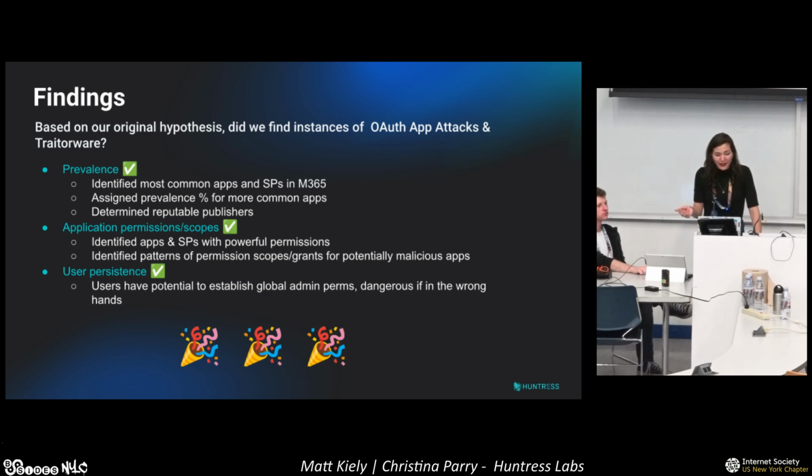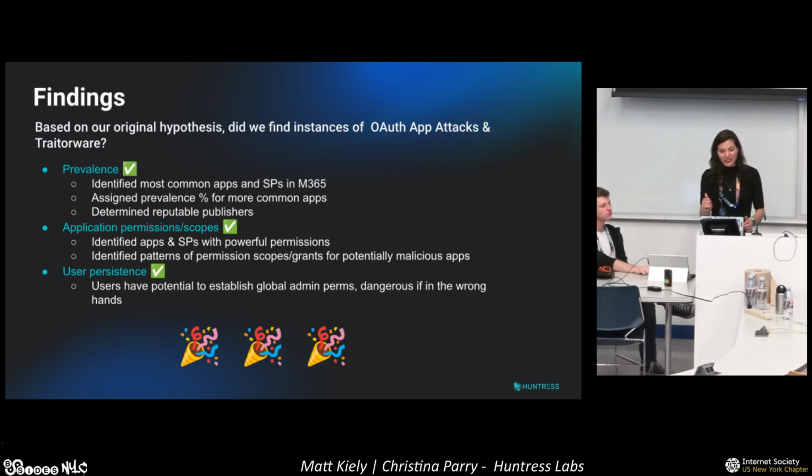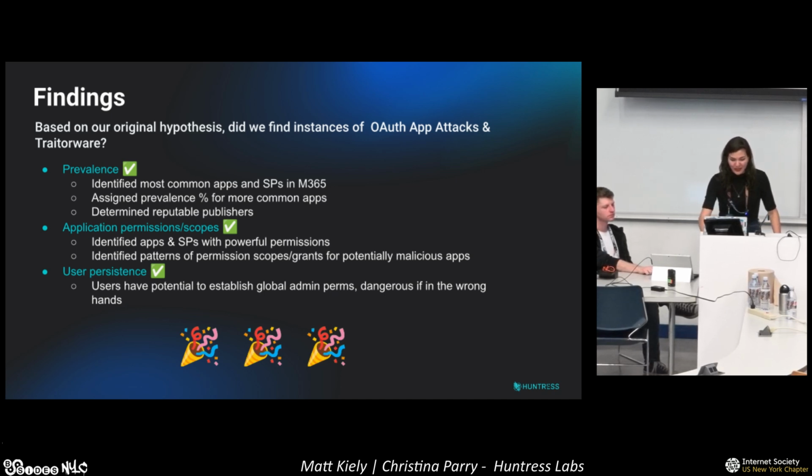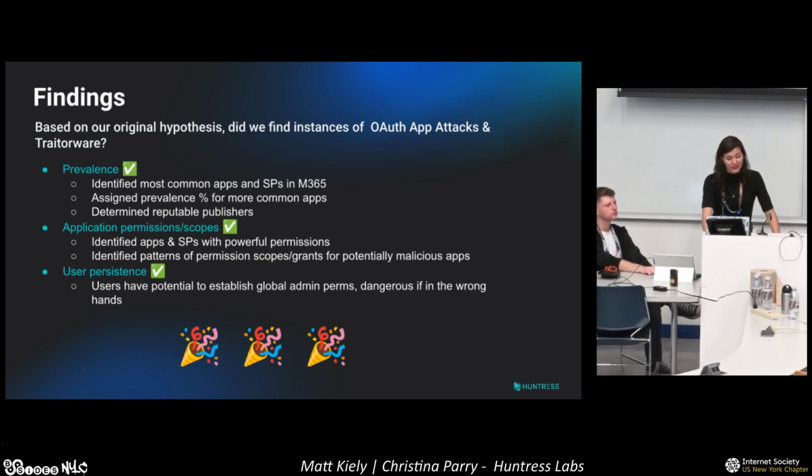The second thing being application permissions and scopes. We were able to identify certain permission subsets that, in the wrong hands, could do a lot of damage, and some of those patterns were seen for potentially malicious apps.